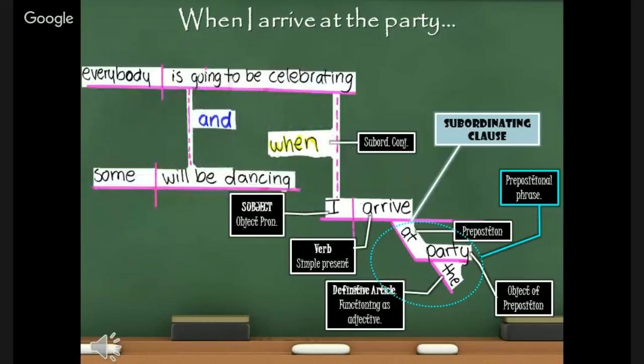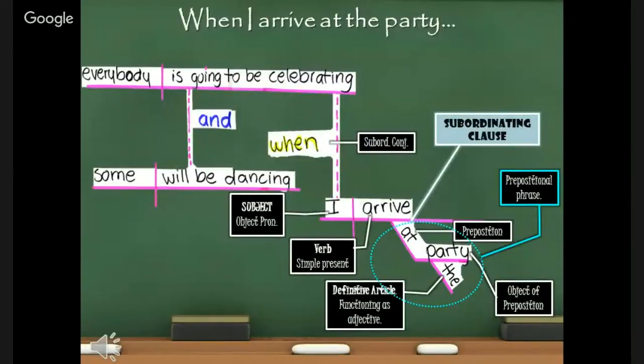Then we have the subordinating clause, that is, when I arrive at the party, so we are going to diagram just like this. When is the subordinating conjunction. I is the subject and it is an object pronoun. Arrive is the verb in simple present.